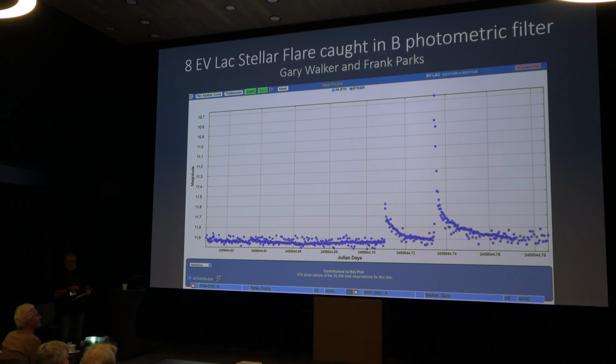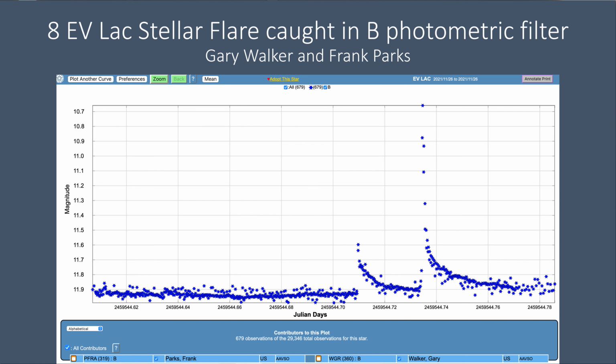In this case, there are two flares, here and here, caught by Gary Walker and Frank Parks. Gary Walker's on the eastern seaboard, near New York, and Frank Parks is on the western seaboard, San Diego, down in California. So coverage is very wide.